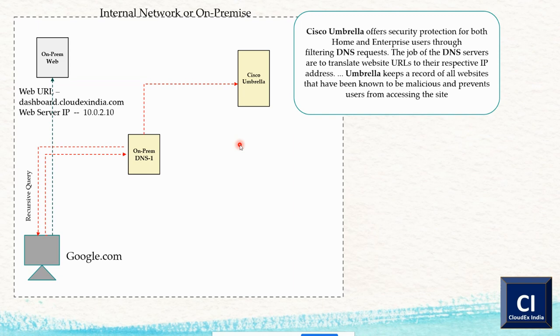Cisco Umbrella is a highly intelligent device. What does it do? It does the DNS forwarding and also keeps a record of all websites that are known to be malicious, and prevents users from accessing them. Take an example: you are trying to open songs.pk.com.